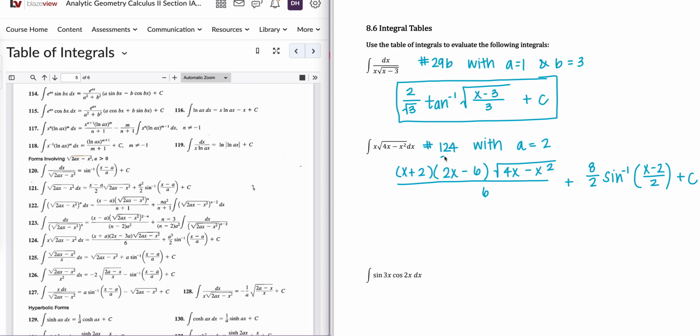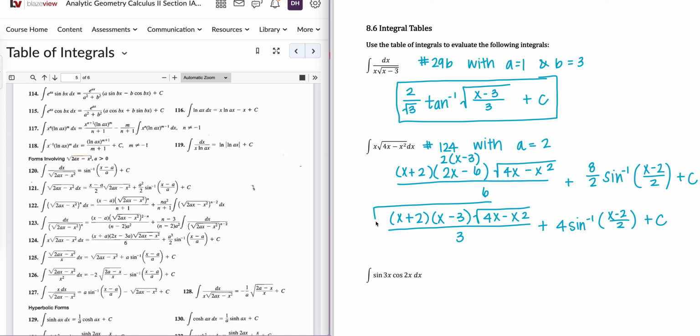So that first term will become x plus 2 times x minus 3 times that radical. And once I cancel the 2 with the 6, this becomes the 3. So there's the first term cleaned up. Again, the second term just dividing, we get a 4 inverse sine of x minus 2 over 2 plus c. And that one is good.